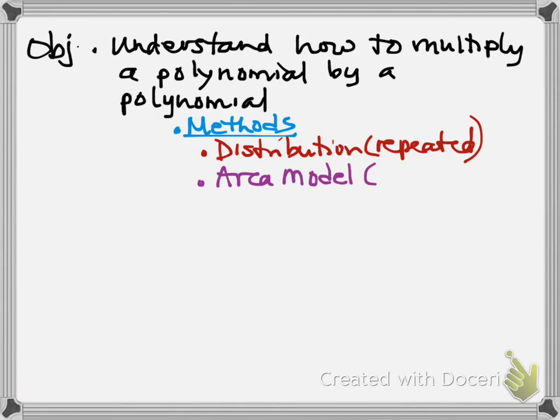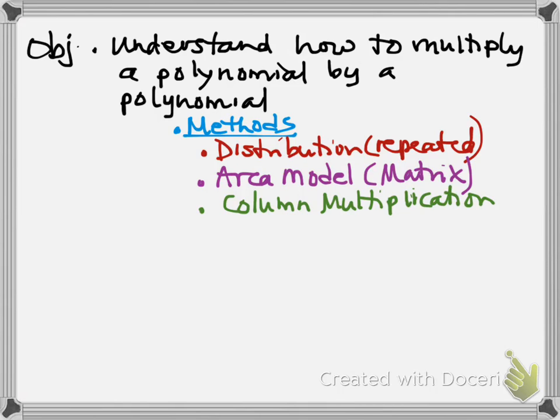And I'm going to call it, I cannot stop myself from calling this, the matrix. Okay. And then the third method is going to be column multiplication, just like what you've learned for years when you're multiplying a 1-digit and a 2-digit, 2-digit, 2-digit, 2-digit, 3-digit, and so on and so forth. Okay? So those are the methods that you're going to see today.